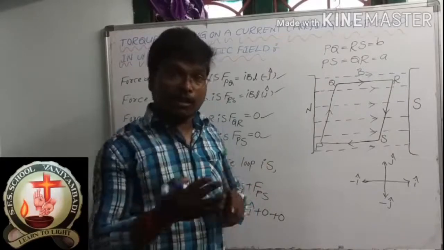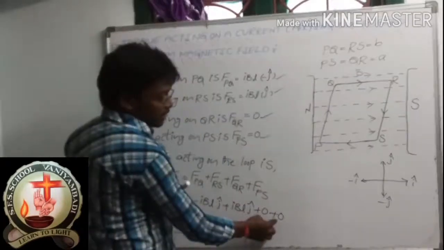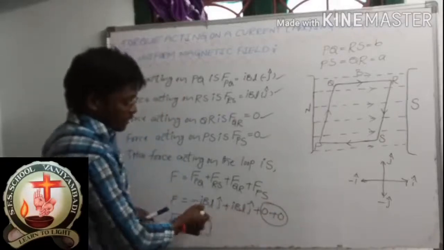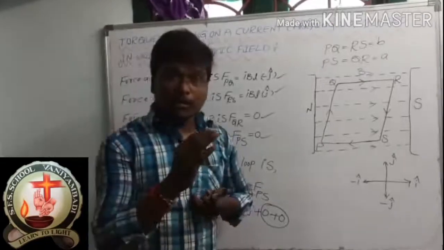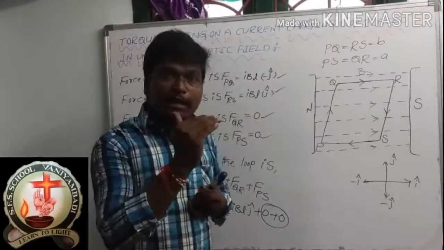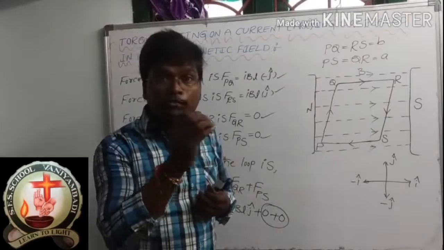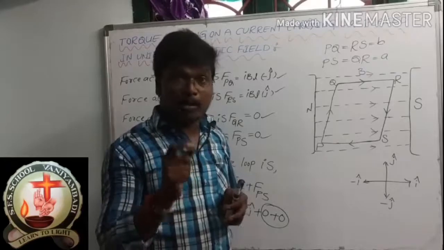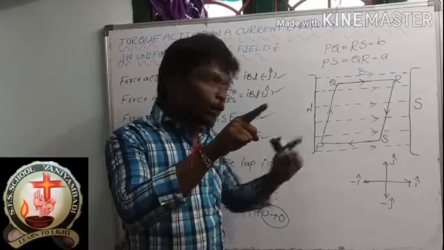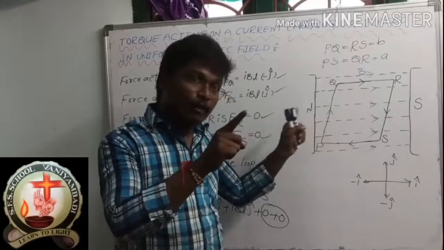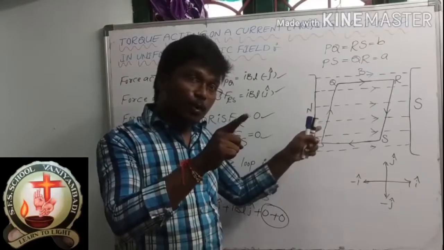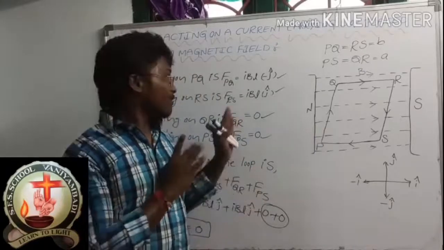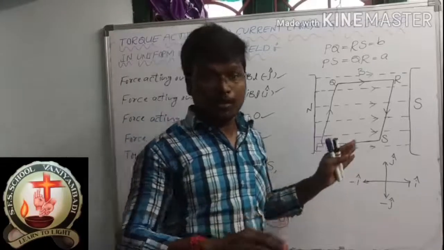Why am I telling two forces? Because this force and this force are already 0, we need not consider them. The remaining two forces we have to take. Whenever a couple is acting on the loop, that loop will experience torque. I told you in the electrostatics lesson itself. I will write that sentence now.